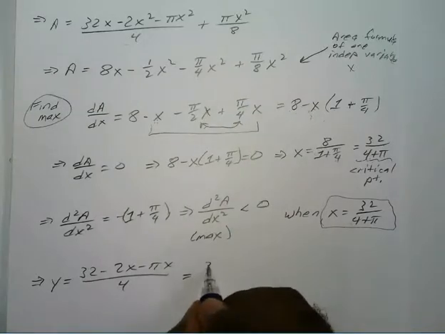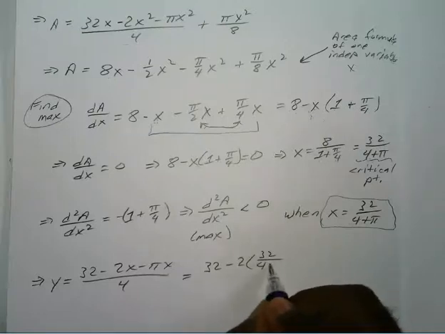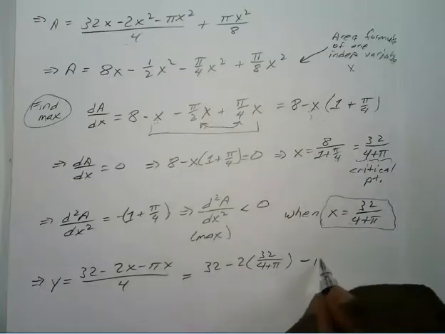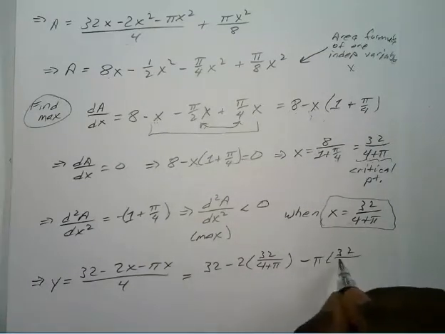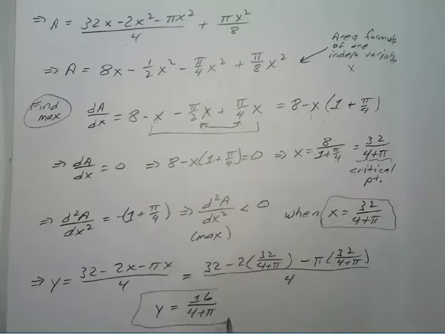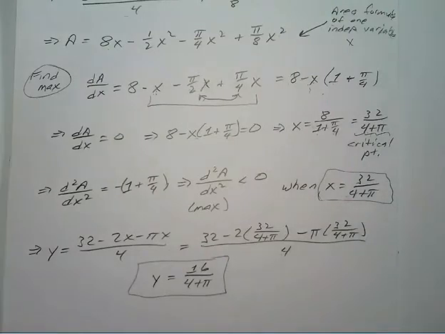Okay, so this will become 32 minus 2 times 32 over 4 plus pi, minus pi times 32 over 4 plus pi, all of that over 4. Okay, so once you get done combining like terms and simplifying, you get y is equal to 16 over 4 plus pi. Okay, so you get your x and y value that will give you the maximum area.